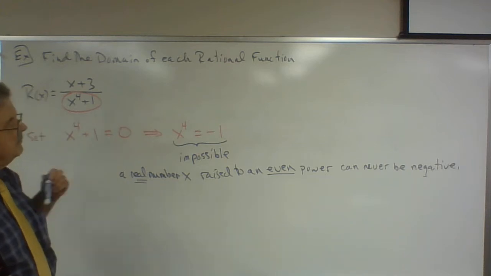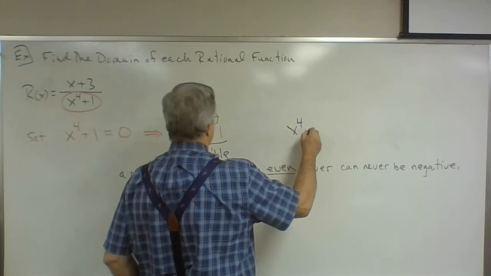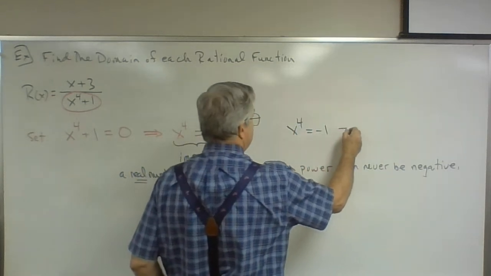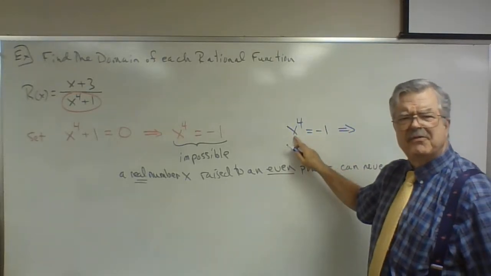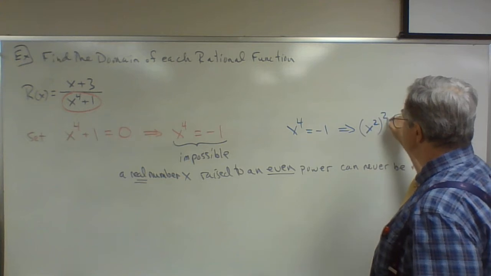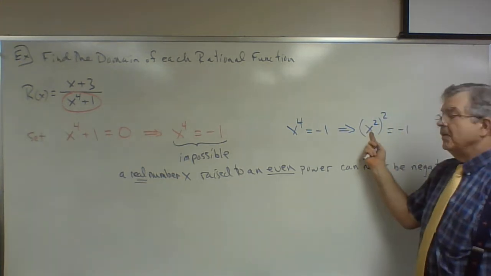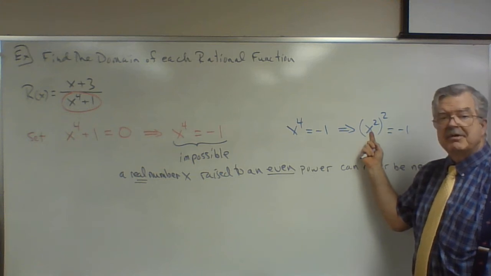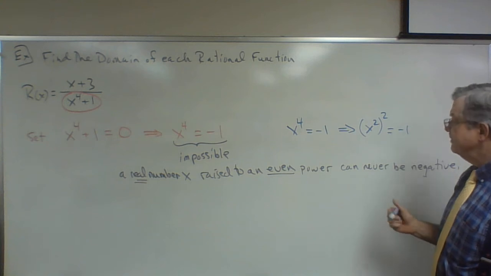Another way is this. That we could take x to the 4th equals -1 and say x to the 4th, isn't that x squared squared? We can't take a real number and square it and get a negative number.